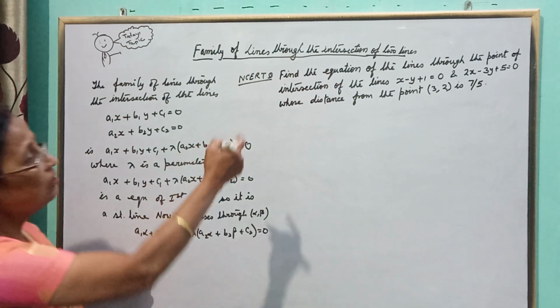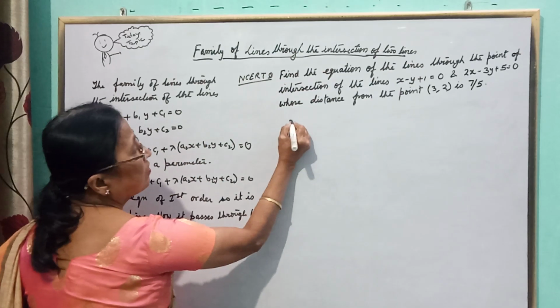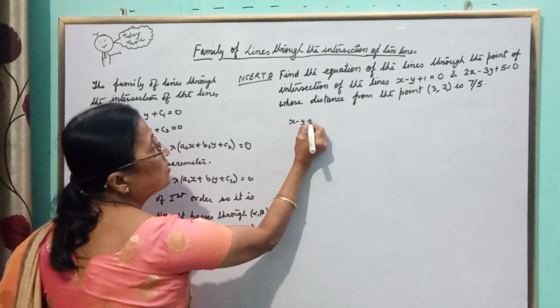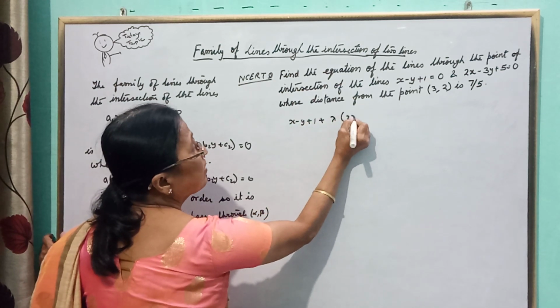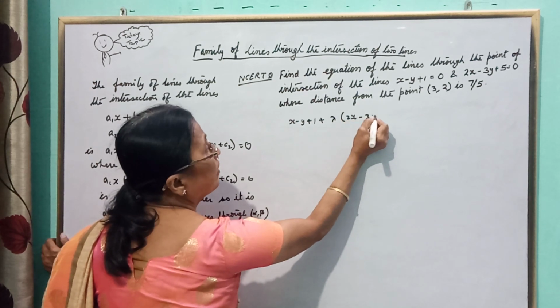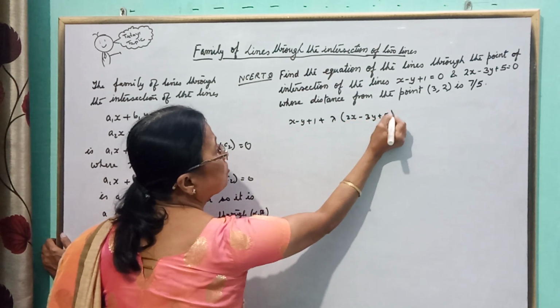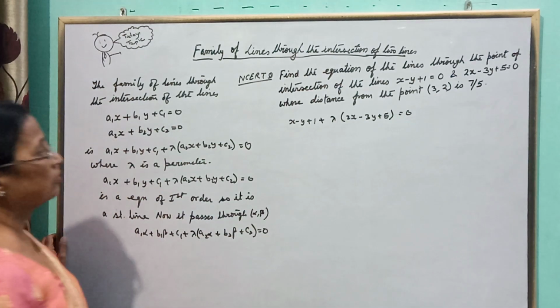So from here we can write x minus y plus 1 plus lambda times (2x minus 3y plus 5) equal to 0.